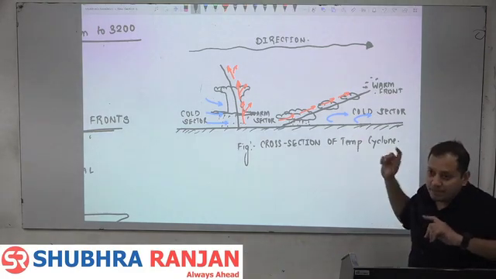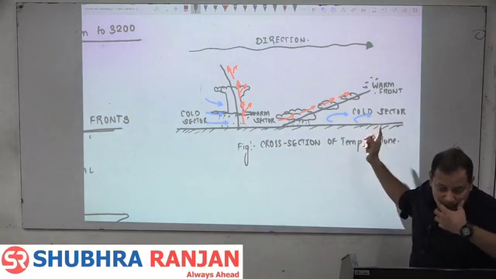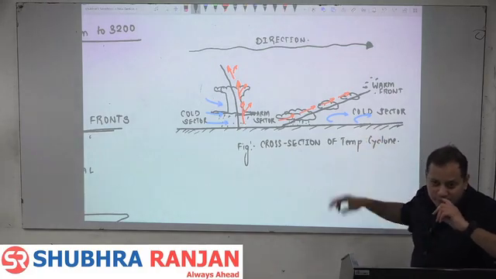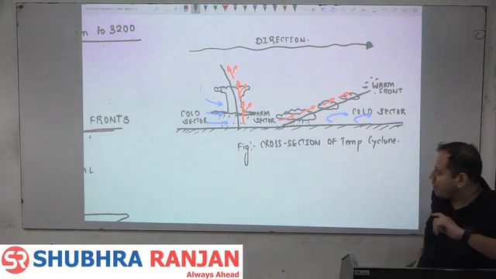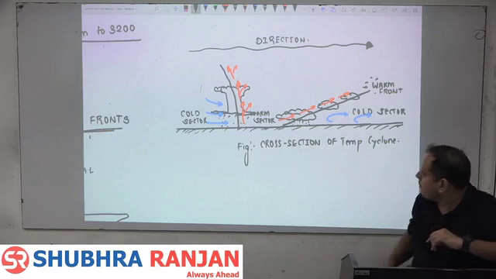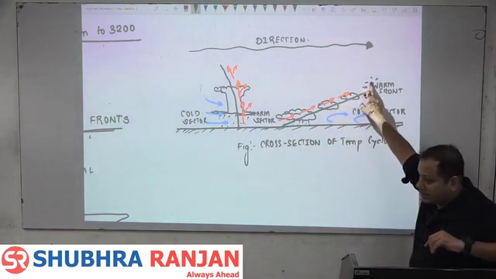Try to make this diagram because it is not in books, Indian books do not have this diagram. So this is a very new diagram, very good diagram. Most of your competition won't be making this diagram. Alto, cirro, cirrus.